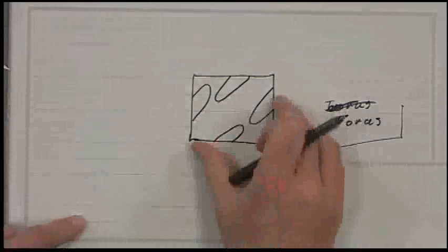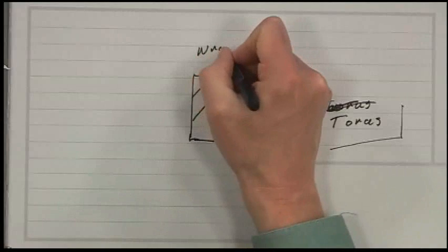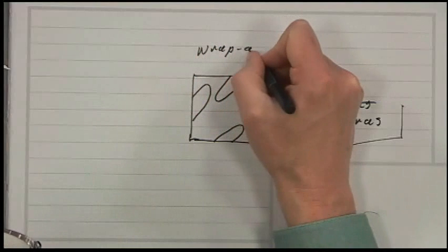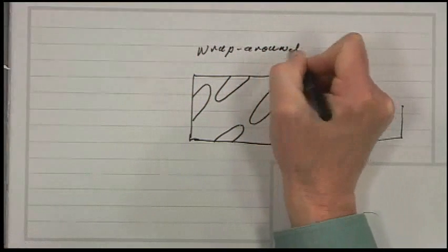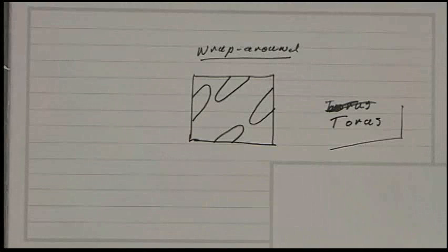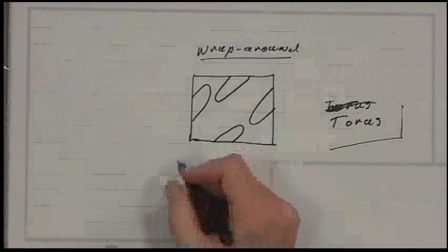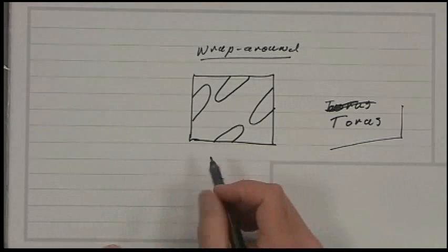So this is sometimes called wraparound. What it really means is that you want to use modulo arithmetic.